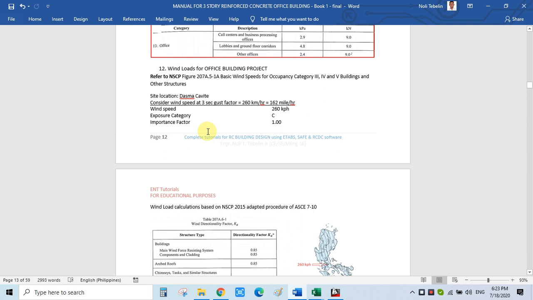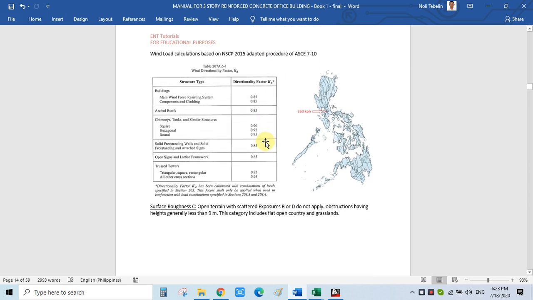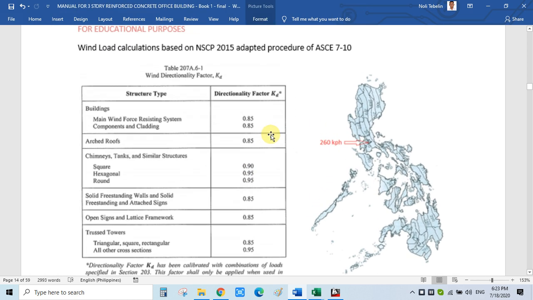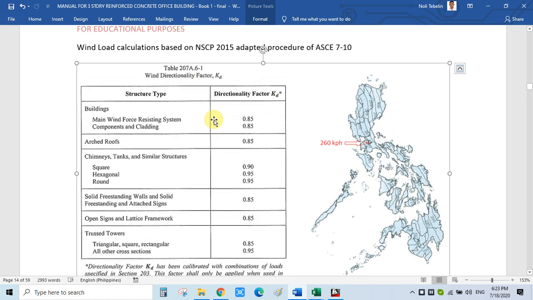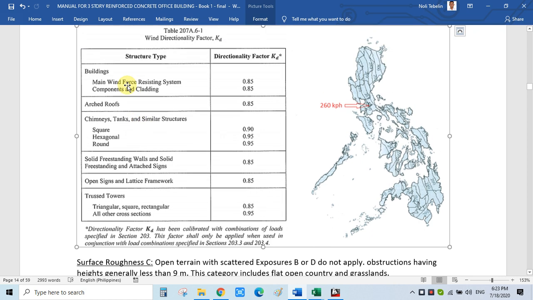Then we will have wind directionality factor Kd. Mahanap mo sa code dito. So table 207A.6-1 for buildings, main wind force resisting system 0.85.